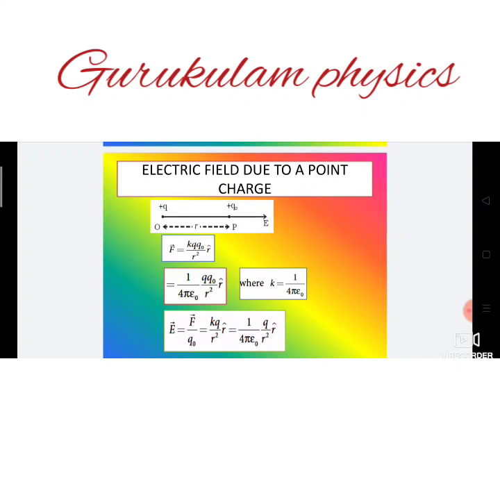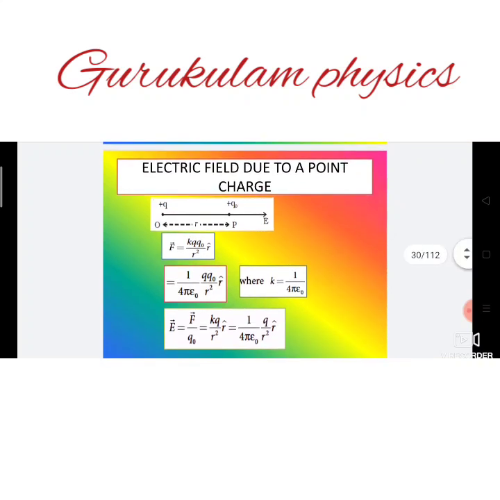Electric field is nothing but the force divided by the testing charge. We are familiar with the electric field intensity. Electric field intensity is nothing but the force experienced by a unit positive charge kept at that point, which means E vector is equal to F vector divided by q naught.